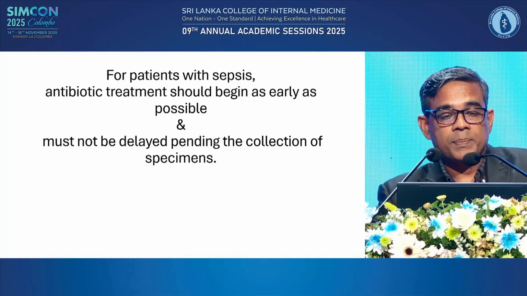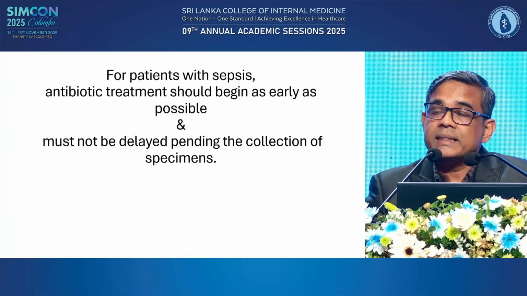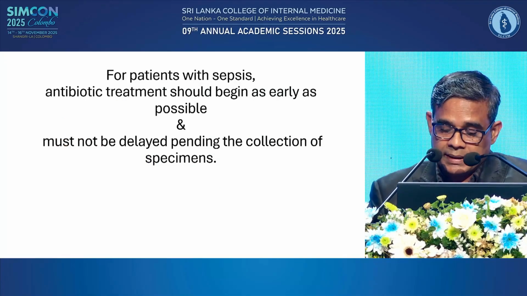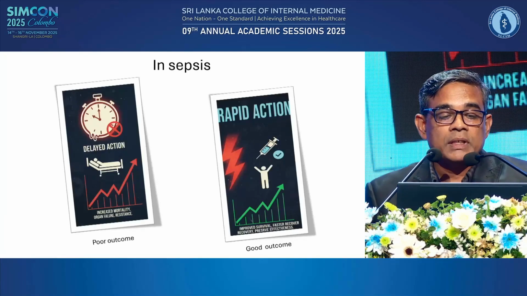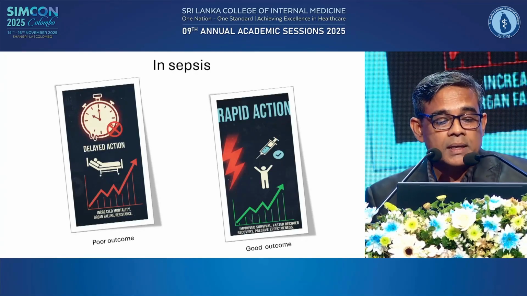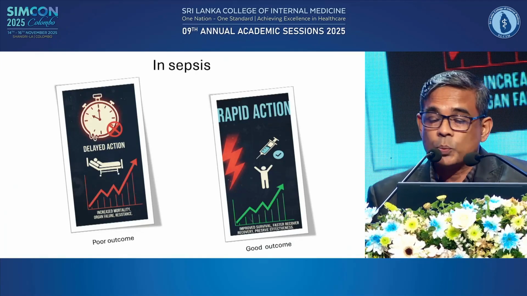For patients with sepsis, antibiotic treatment should begin as early as possible and must not be delayed pending the collection of specimens. So this is the summary of what I am going to tell today: if you delay treatment in sepsis, it will lead to poor outcome.